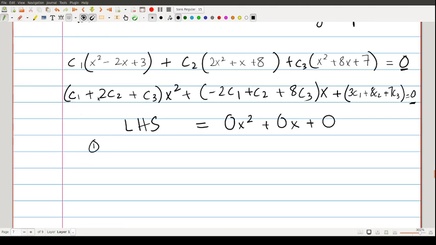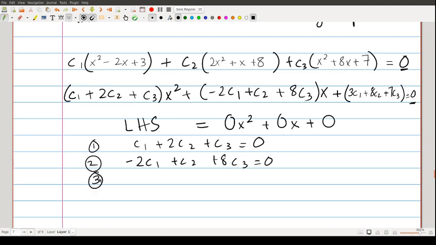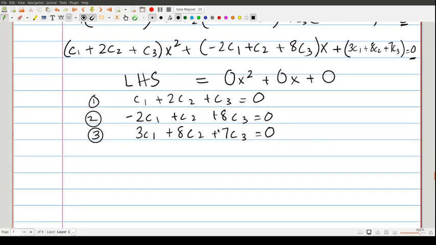Equation 1, these coefficients should be 0. c1 plus 2c2 plus c3 should be 0. Next, minus 2c1 plus c2 plus 8c3 should equal 0. And lastly, 3c1 plus 8c2 plus 7c3 should equal 0. And at this point, notice that you just have a linear system to solve. This is simply Ax equals 0.